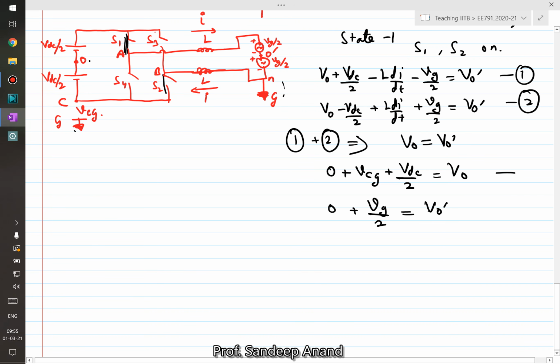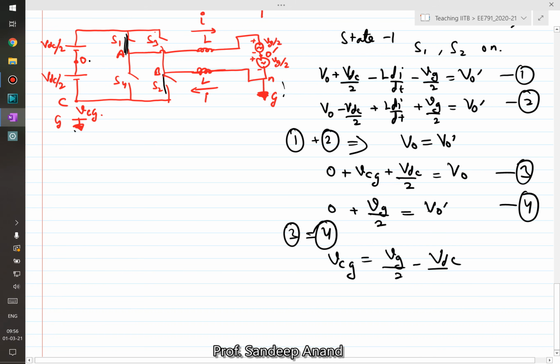And if I equate 3 and 4, because VO is equal to VO prime, then what I get is VCG is equal to Vg minus VDC by 2.